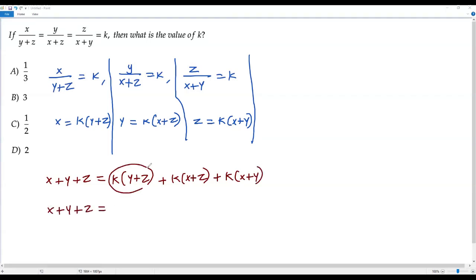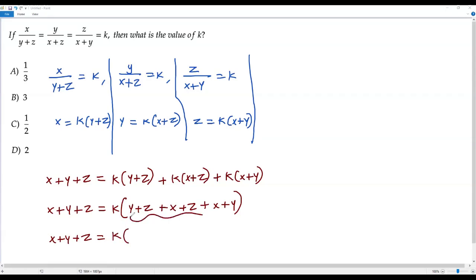Here each one is a multiple of k. Since each one is a multiple of k, we can factor k out. If I factor k out, then we have y plus z left in the first term, in the second term we are left with x plus z, and in the third term we are left with x plus y. Okay, so here x plus y plus z equals k times.